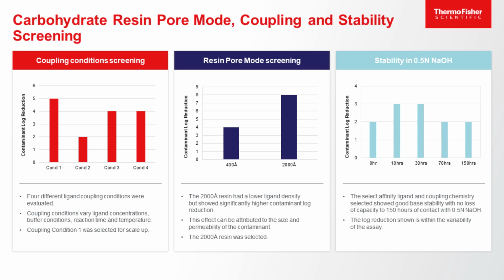So 450 angstrom and 2000 angstrom, and checked a contaminant log reduction. What you can clearly see here is that 2000 angstrom had a lower ligand density even, but showed a higher and significantly higher contaminant log reduction. So bumping up the contaminant log reduction from about 4 to 8 logs. So the 2000 angstrom resin was actually selected.